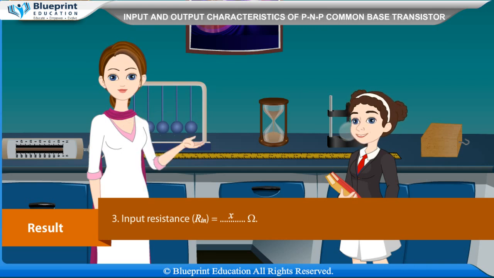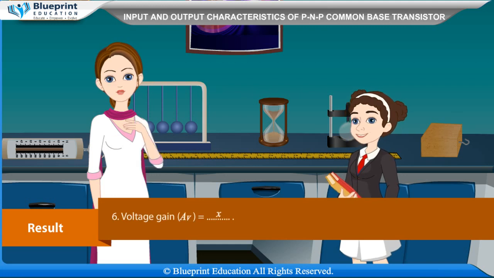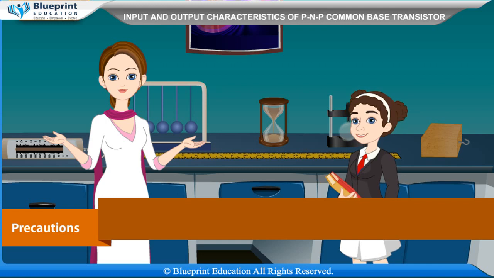Input resistance Rin is equal to X ohm. Output resistance Rout is equal to X ohm. Current gain alpha is equal to X. Voltage gain AV is equal to X.